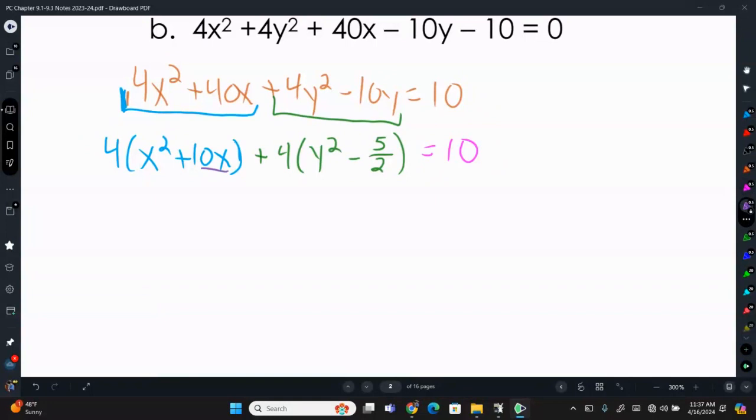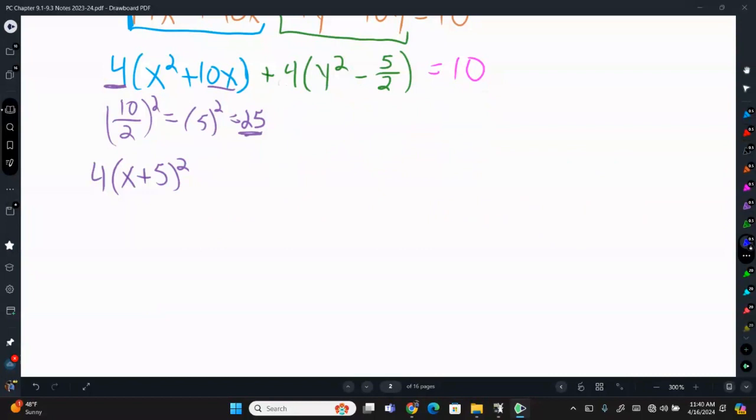So we're going to take that b value, 10 divided by 2 squared, which is 5 squared, which is 25. So we're going to take 25 and multiply it by 4 and add that to both sides. So 4, and then we have x plus 5 squared.